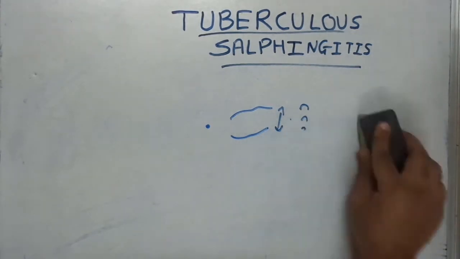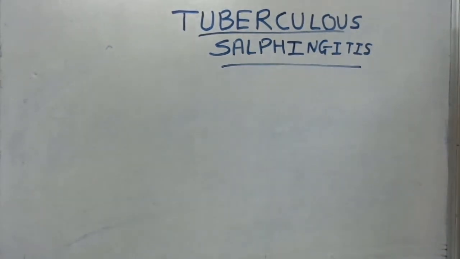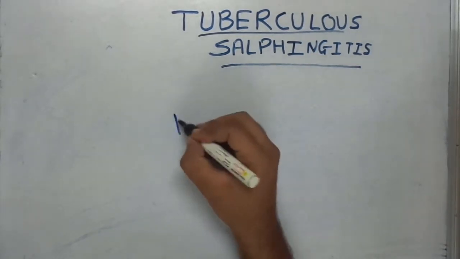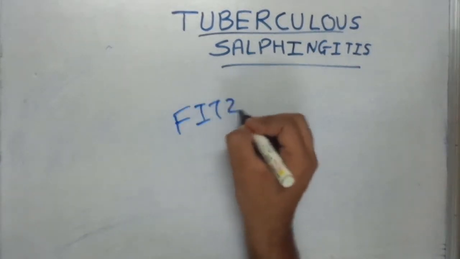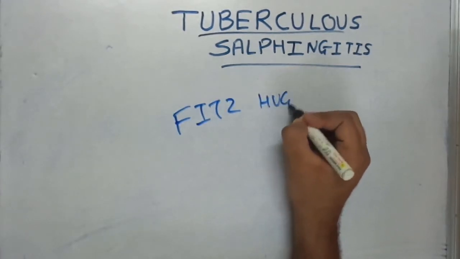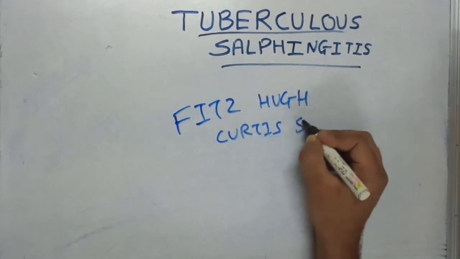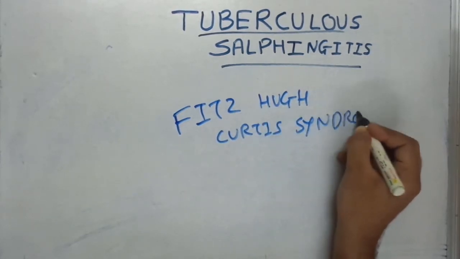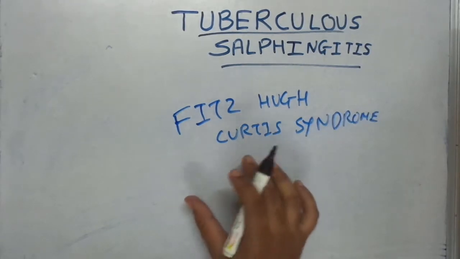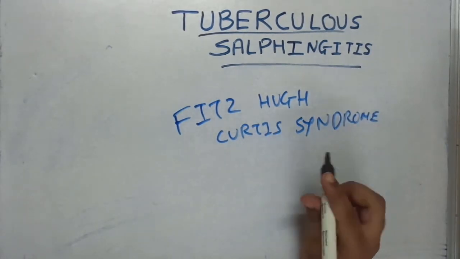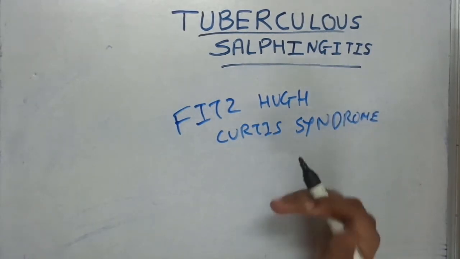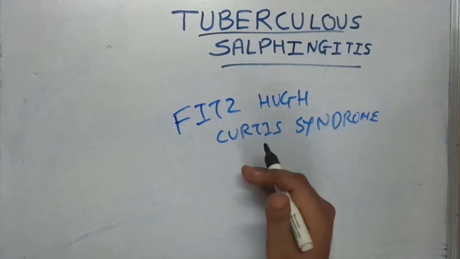Then again, one of the progressions of pelvic tuberculosis is Fitz-Hugh-Curtis syndrome. What happens in Fitz-Hugh-Curtis syndrome is there is adhesion between the right fallopian tube and the liver.